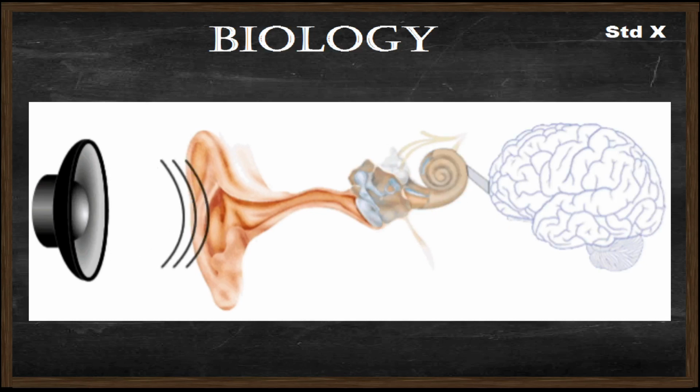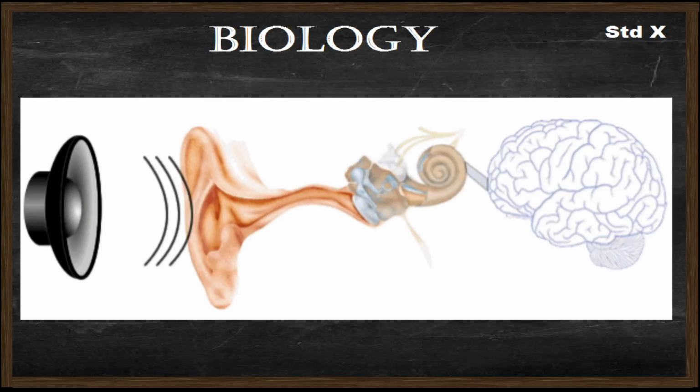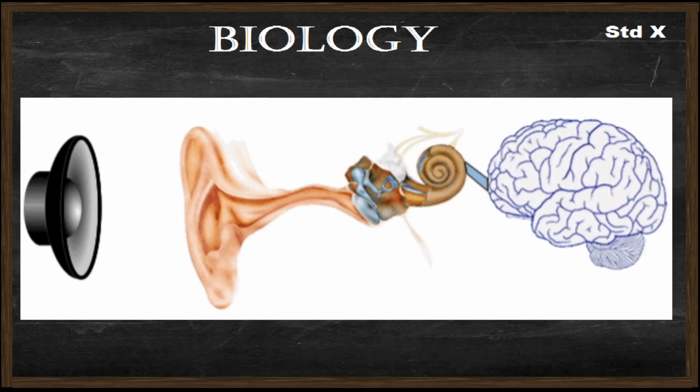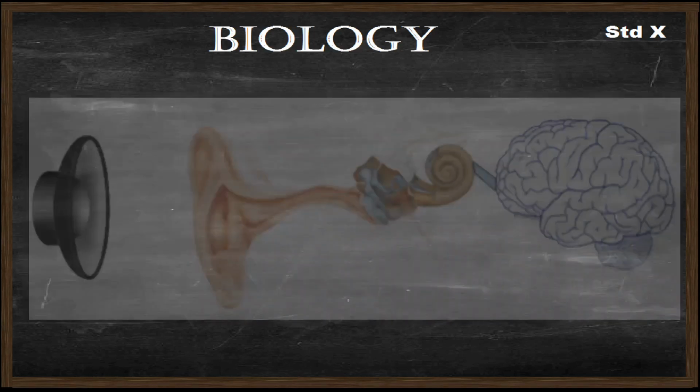This vibration further causes the movements of fluid inside the cochlea. As a result, the sensory hair cells of the organ of Corti of the cochlea are stimulated and impulses are generated. These impulses reach the cerebrum through the auditory nerve and hearing is effected.